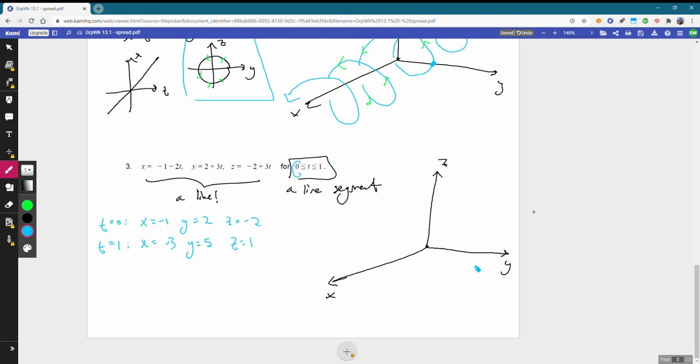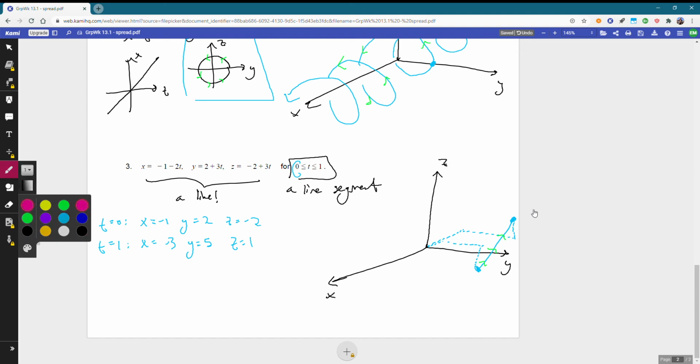And I realize now that I have drawn this poorly. We'll fudge it. So anyways, that's -1 for x, y is 2, z is -2. So x is -3, y is, let's say, 5, and z is 1. And so here we start at this point at the bottom, and we're going to move along a line in that direction as we increase t from 0 to 1.